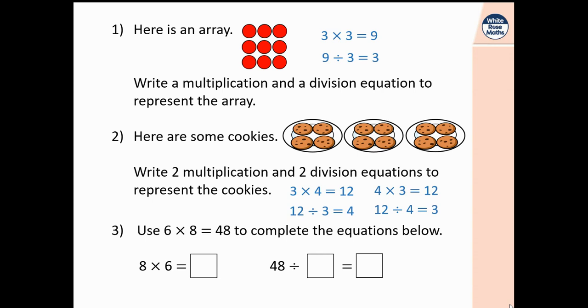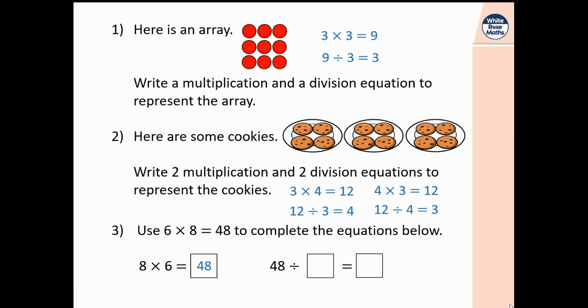Use 6 times 8 equals 48 to complete the equations below. So if I know that 6 multiplied by 8 equals 48, what is 8 multiplied by 6? That's right, it's 48. It's the same, isn't it? Like what we've just done with the cookies.